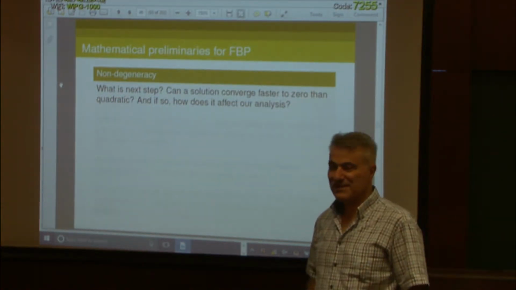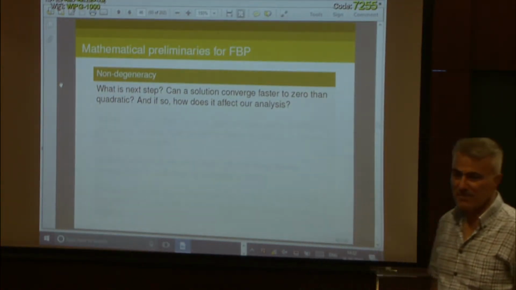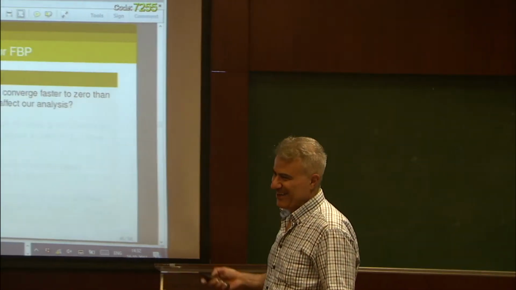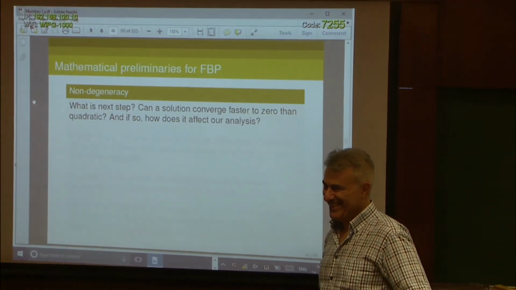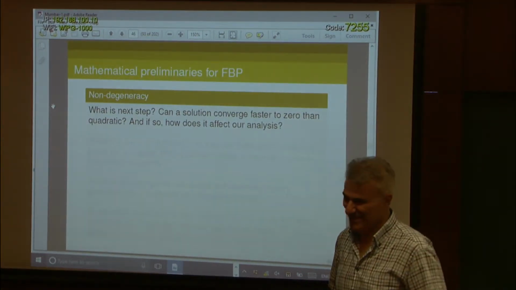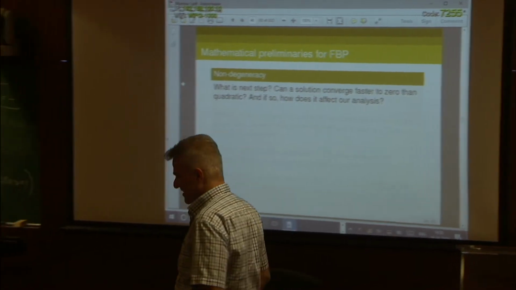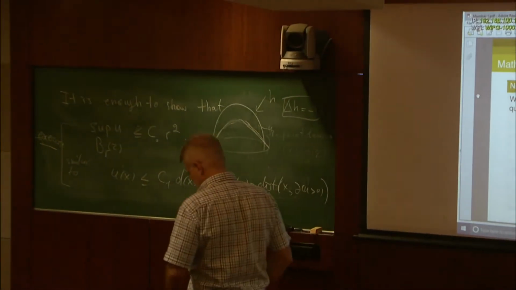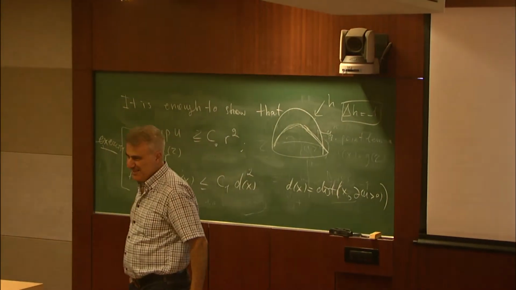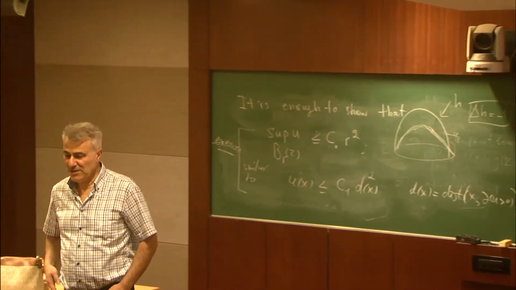So what comes next? This came very fast. I can do all different proofs. No, a different proof doesn't help. For the obstacle problem, it is actually this proof.